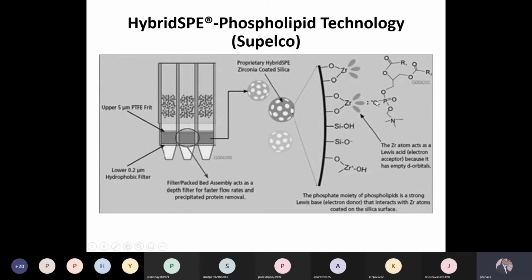So there is Lewis acid Lewis base interaction here, which retains selectively all the phospholipids which are present in biological samples using this patented technology. So this is known as a hybrid technology, where it removes the proteins as well as the phospholipids. That is the whole essence of hybrid SPE phospholipid technology.